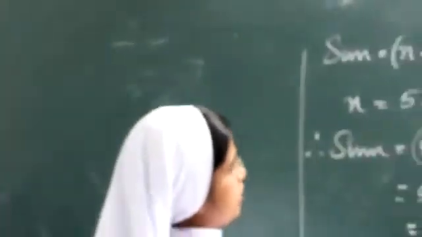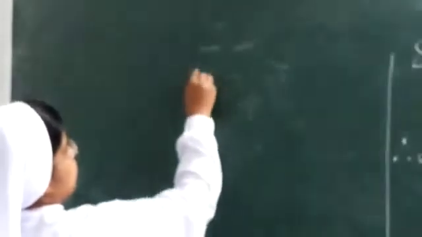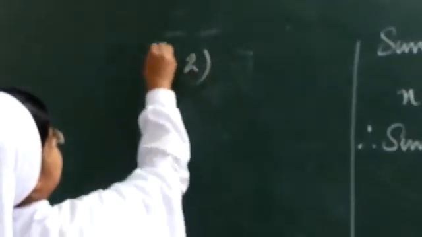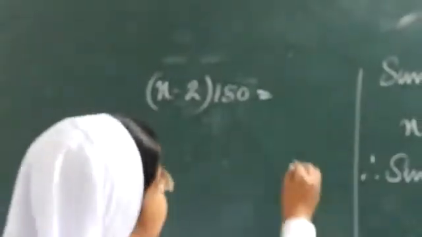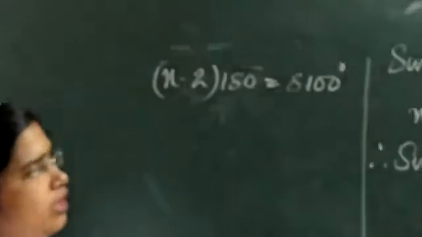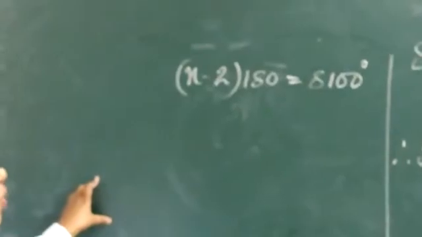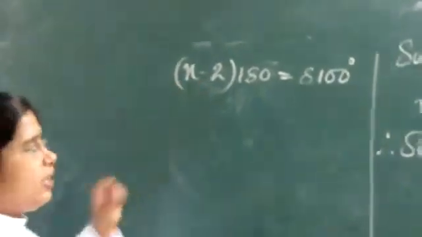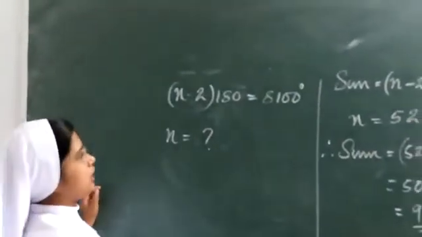We can write n minus 2 into 180 is equal to 8100. It's already given. Now what we have to find out is how many sides it has. We have to find out n. N is not given to us.